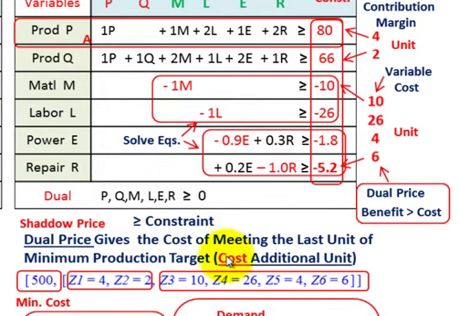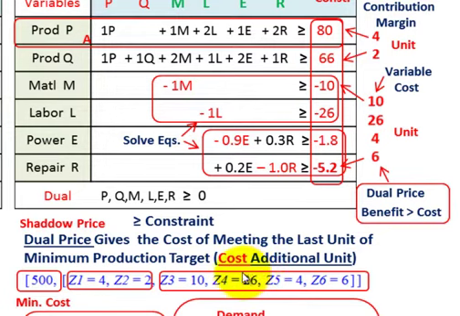So that's really looking at the cost of the additional unit for each of those variables. I've done it here, and this is the solution I came up with. Just put it into your linear program. Our minimum cost comes up at 500 for our minimization problem.